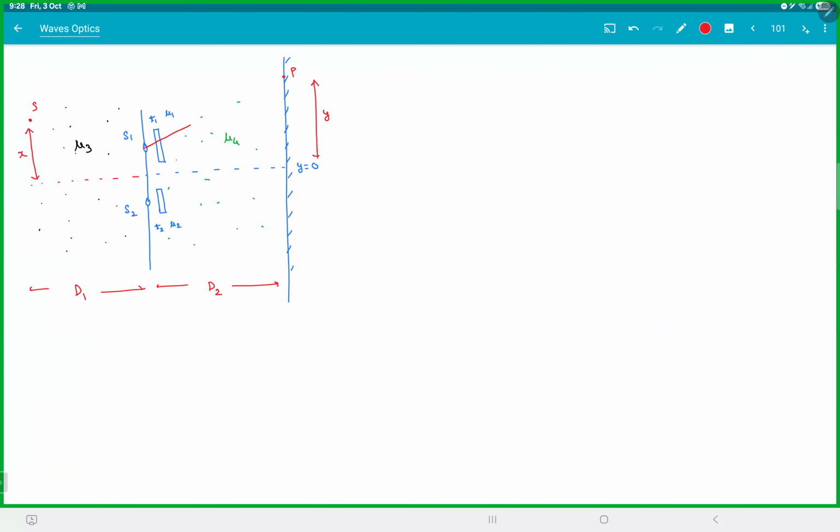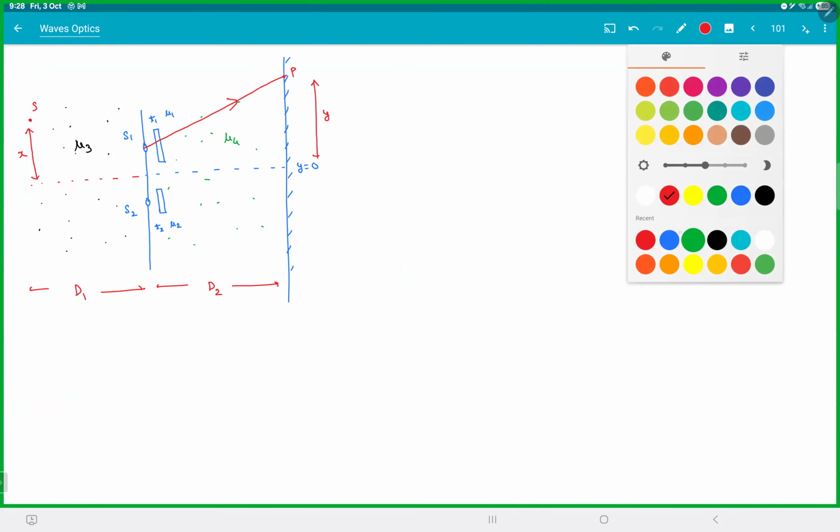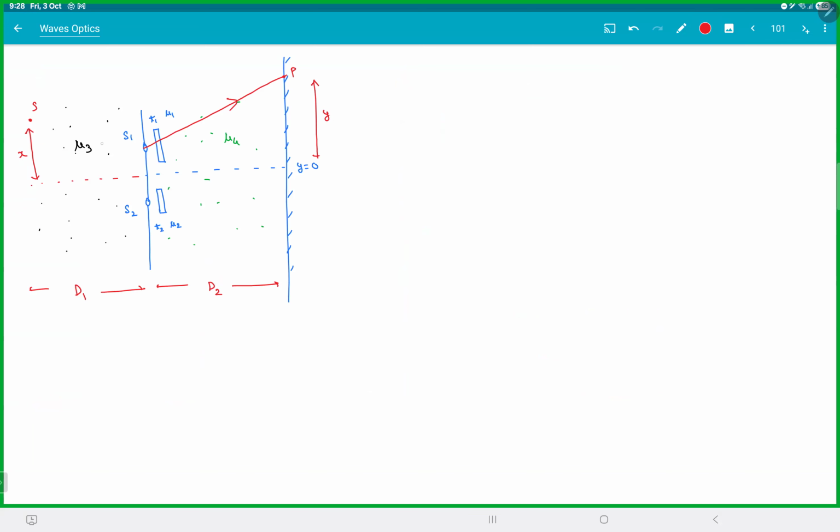So one light ray will go like this. The light ray will go from S1 to P. Another light ray will go from S2, S2P. Isn't this the two light rays? SS1P and SS2P. Now listen carefully here. So the path difference delta x. First thing, you're going from S to S1, great. But in which medium are you going? You're going in mu3. So in vacuum, what will it become? It will become mu3 times SS1.